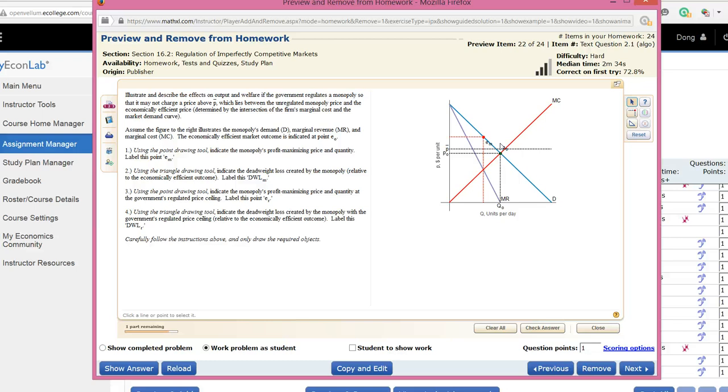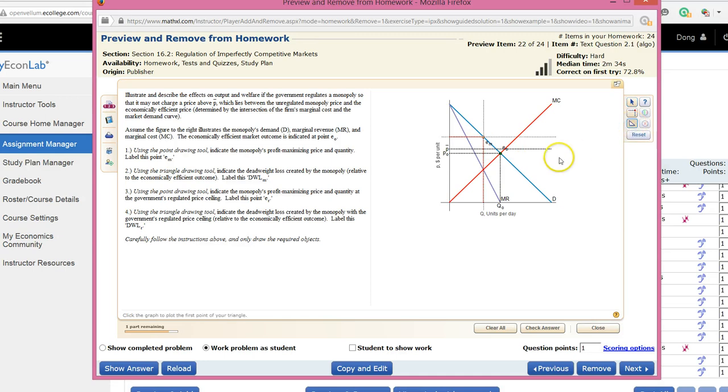Different consumers may pay different prices based on their different willingness to pay. If the monopoly can do that, it can eliminate this deadweight loss. But here we have this loss because the monopoly can only charge one price.